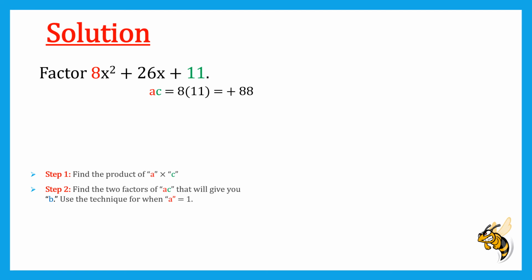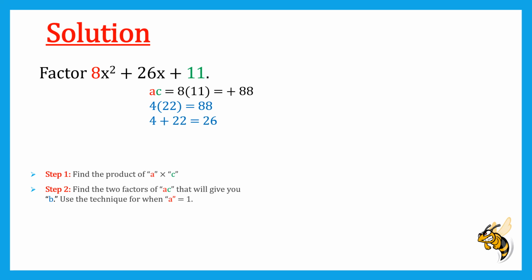So I want to know two numbers that multiply to give me 88, but when I add them, I get 26. And those two numbers are 4 and 22. 4 times 22 is equal to 88. 4 plus 22 is equal to 26.